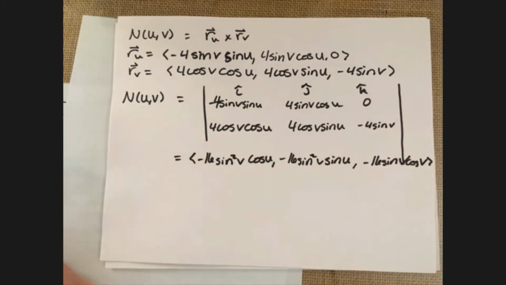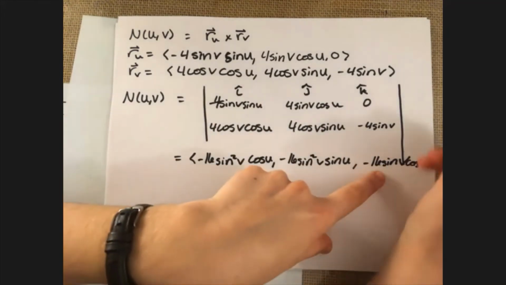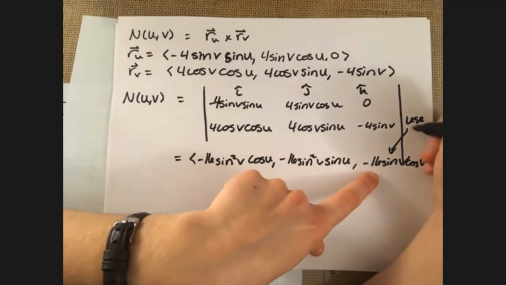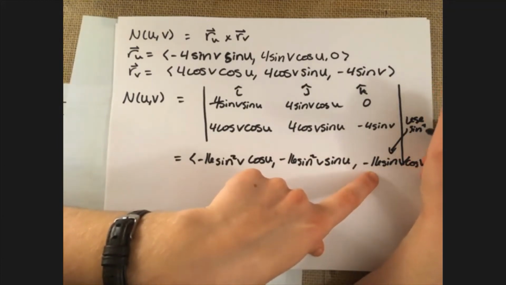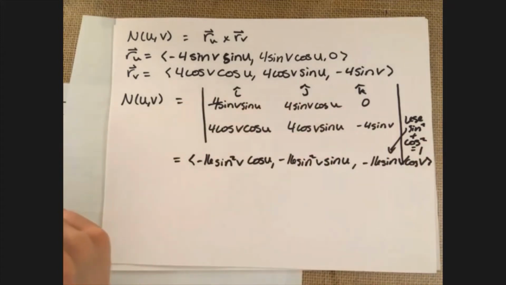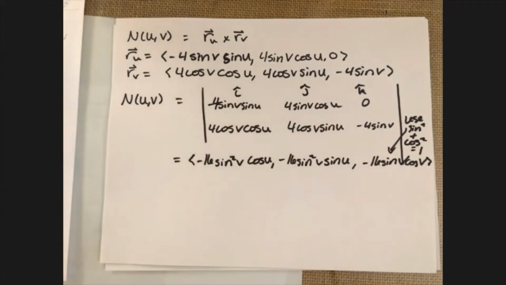All right, it did all fit. And I do want to point out, if you are trying to fill in the details on your own, for this piece right here, we use the sine squared plus cosine squared equals 1 identity. So very important here. We're actually going to use that a whole bunch of times in just a second.